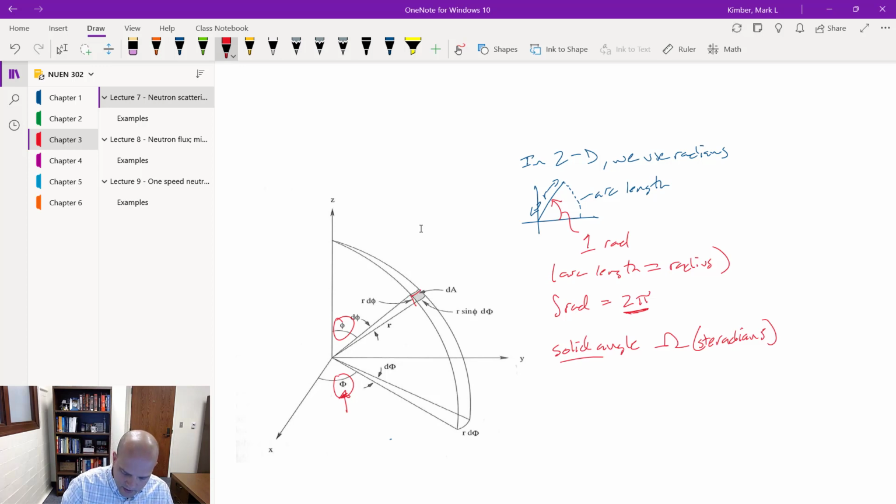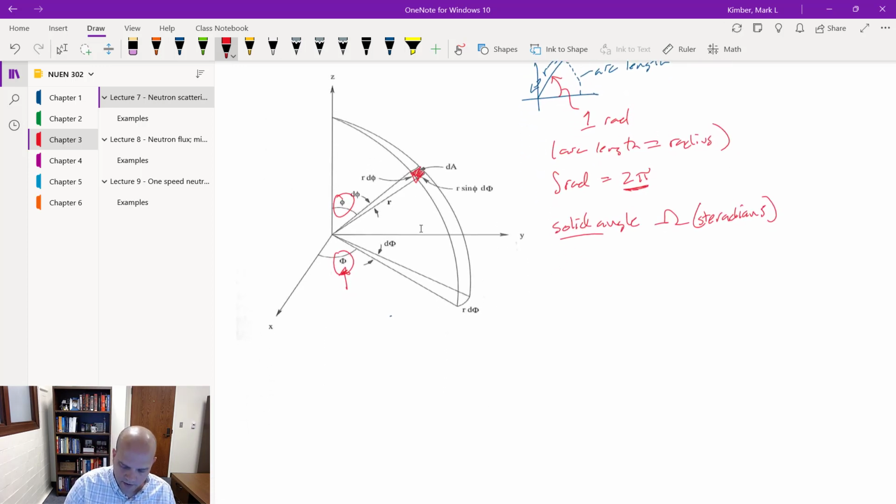And so we're looking at this surface here, this dA, and as I calculate that area, I could express it in terms of the lengths that we see here. dA equals r times d phi, multiplied by the other side of the square, which would be r times the sine of phi d capital Phi.